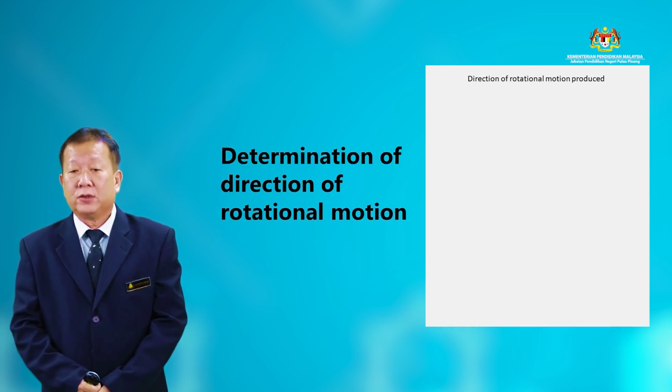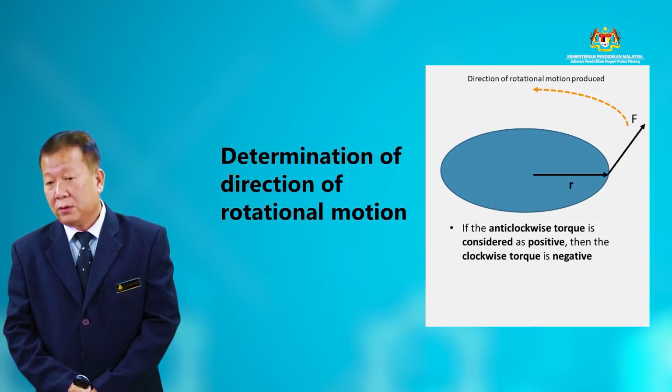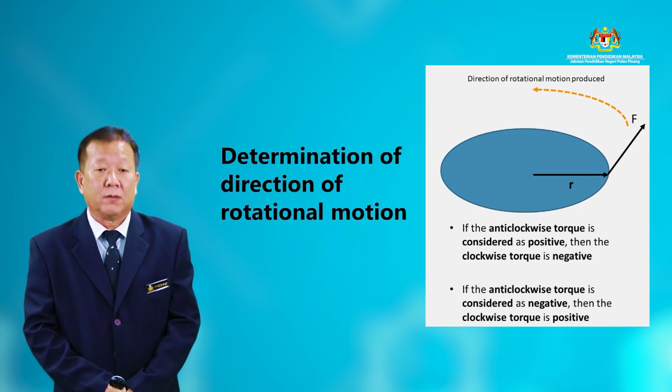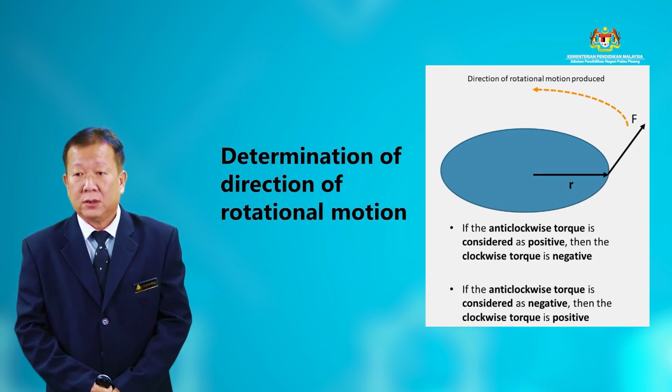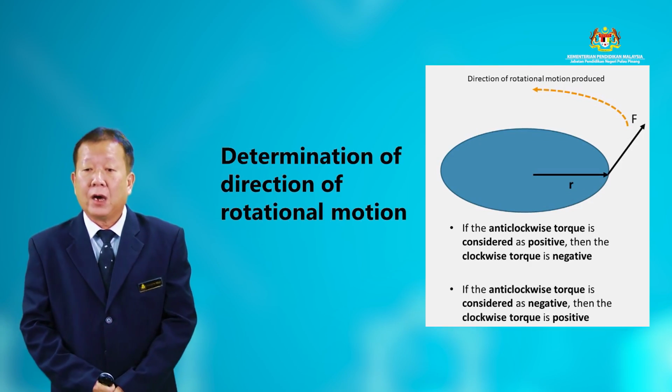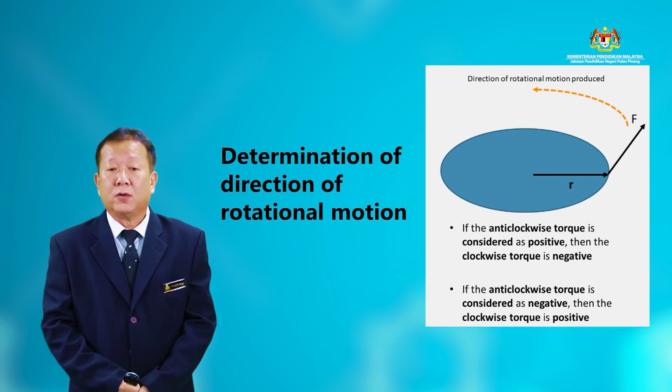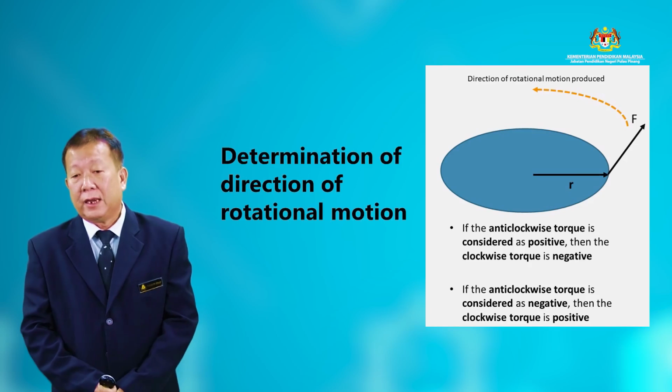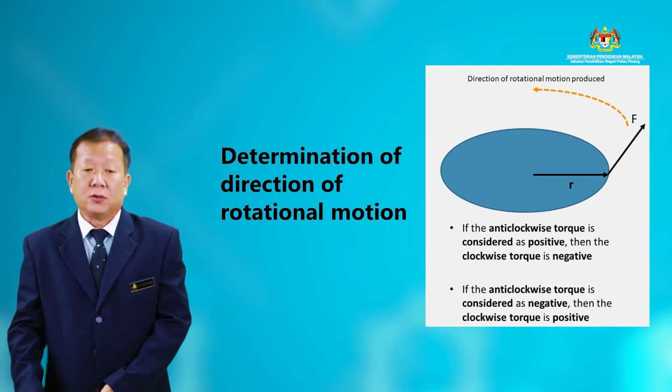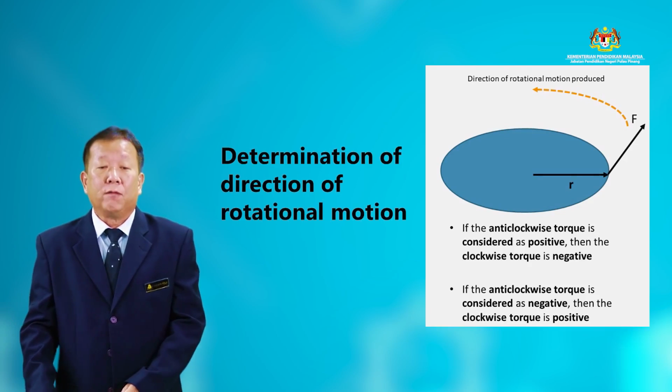There are two directions of rotational motion, clockwise and counterclockwise. In STPM, if counterclockwise rotation is considered as positive torque, then clockwise rotation is considered as negative, and vice versa.